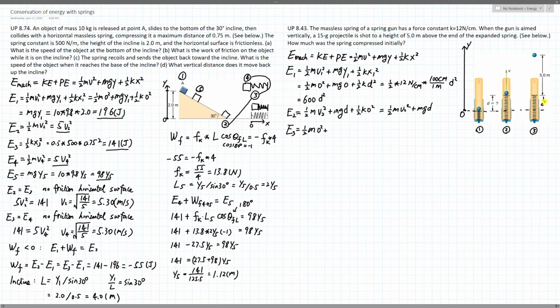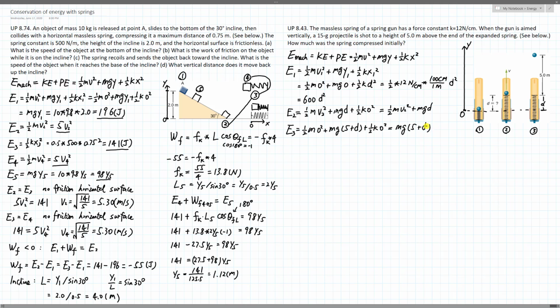This is d, and this is 5 plus d. So mg times 5 plus d. And spring still has no compression whatsoever. Spring's job is done. So now we're left with zeros and this one alone, mg times 5 plus d.